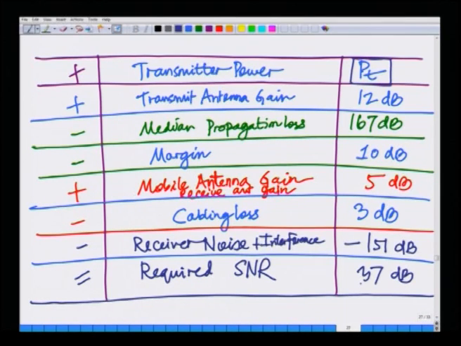Hence, with this understanding, let us now complete this example.